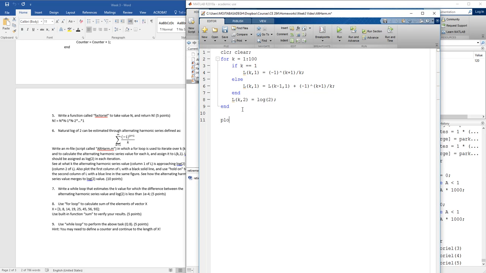What it says is to plot the first column. So you want to plot the first column, so all the rows and the first column, and then use hold on and plot the second column now.